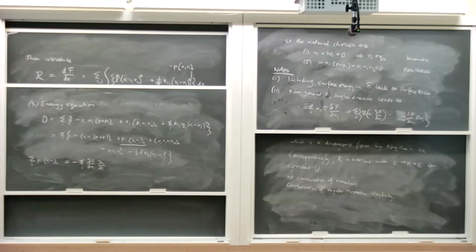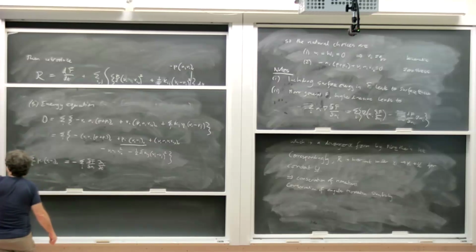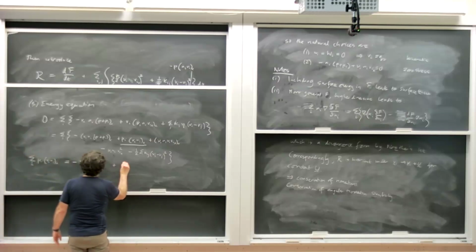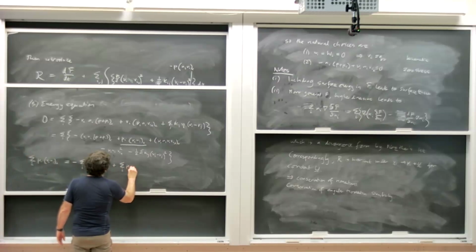So if F just depends on the n_i themselves, that's immediately an exact time derivative. But more generally, invariance under time translations, as usual in mathematical physics, will give conservation of energy. So that's one part of it. There's also the S_i there. So plus the sum over i, mu_i S_i.